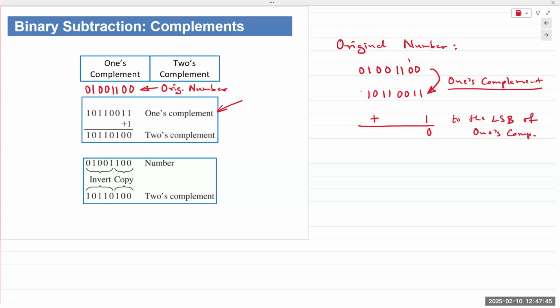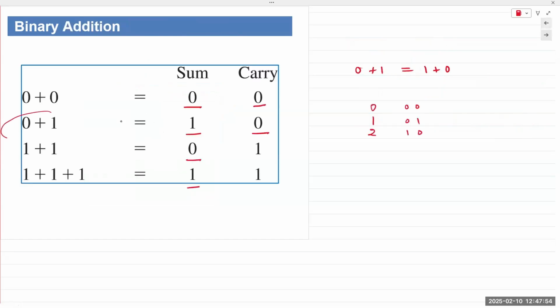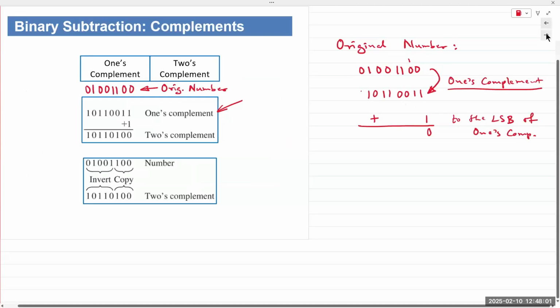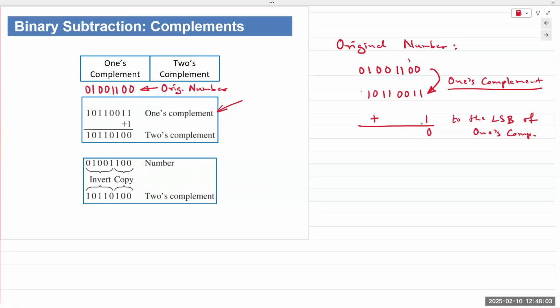So 1 plus 1 gives you 0 and carry 1. Then 1 plus 0 plus 1 again gives you 0 and carry 1, and again gives you 0 and carry 1.